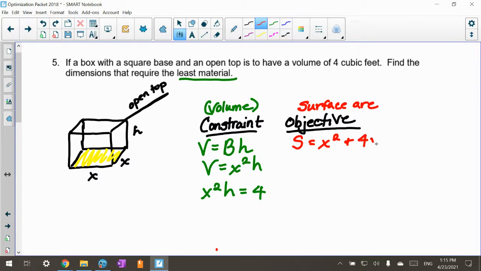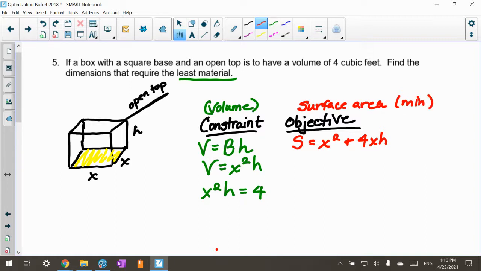So that's 4 times xh, because each side has area xh and I have 4 sides. They want the least material, so we're looking for a minimum.